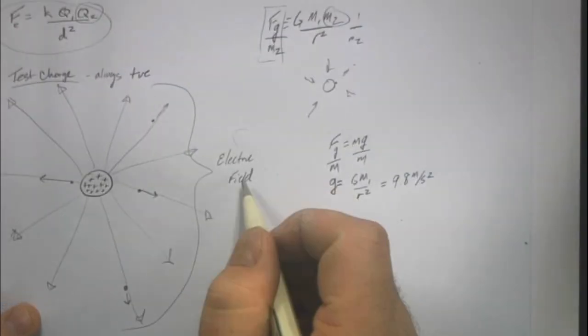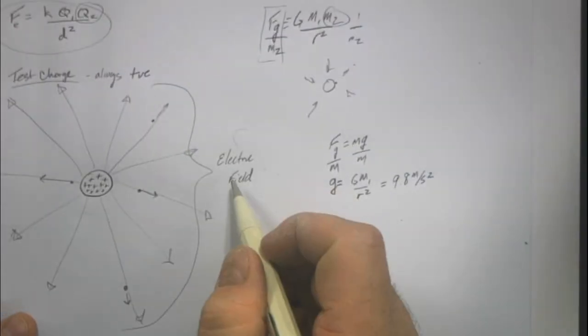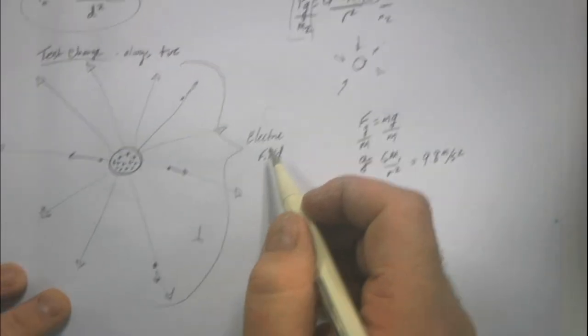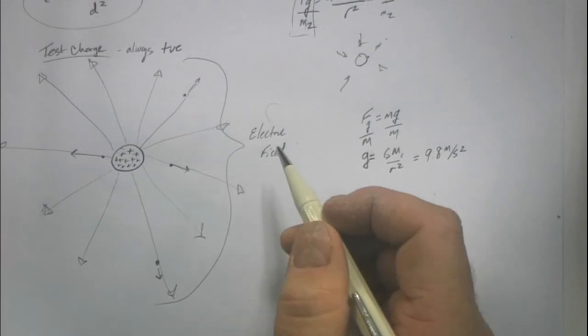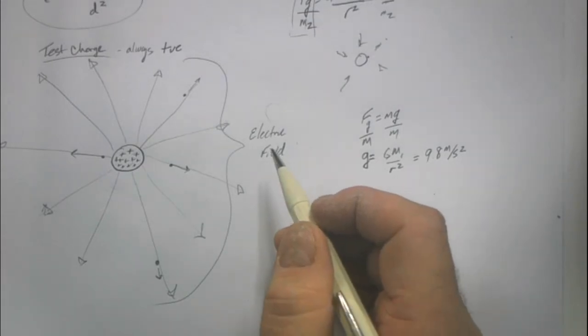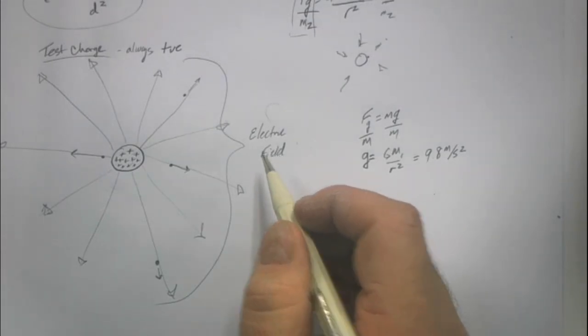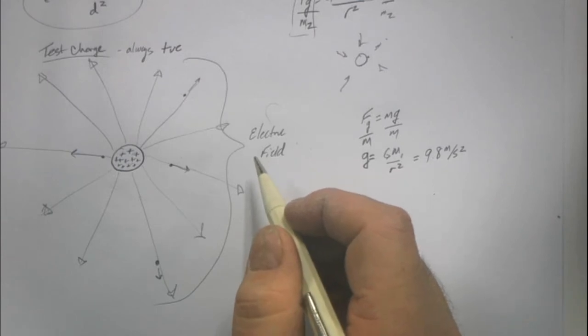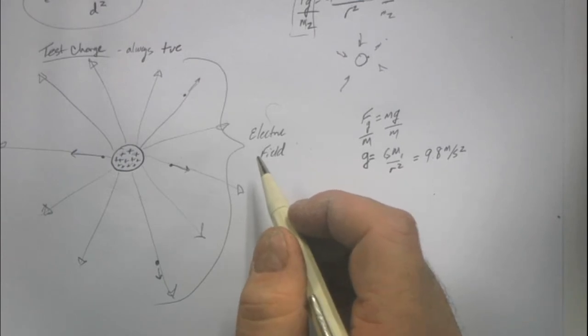It's the same idea over here with an electric field. The actual value of it would wind up being an acceleration, okay, of the electric field, but we don't refer to it as an acceleration.